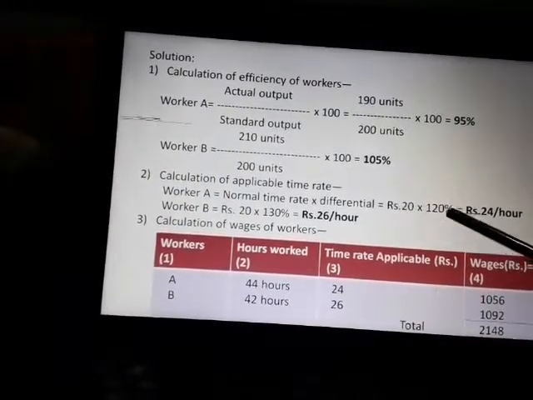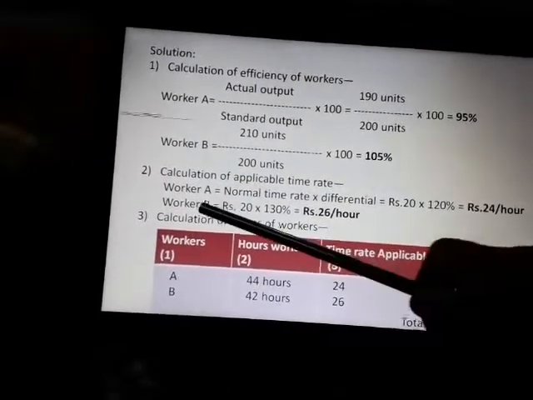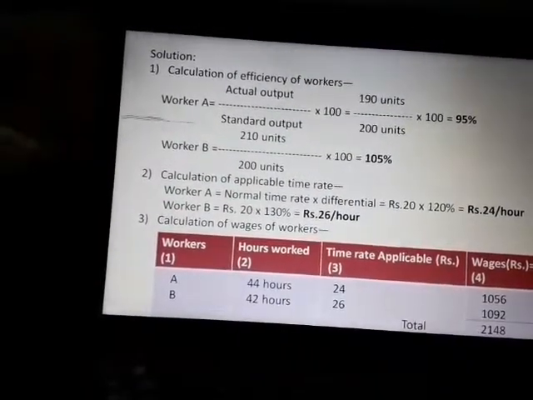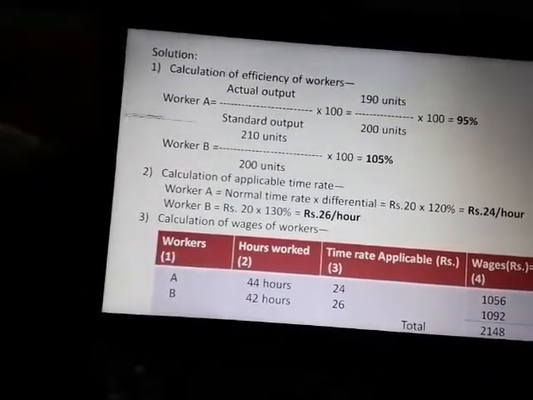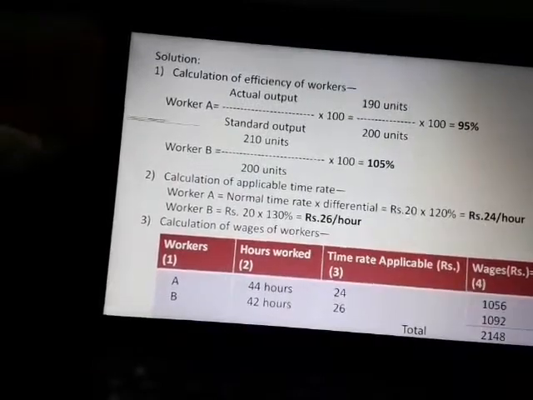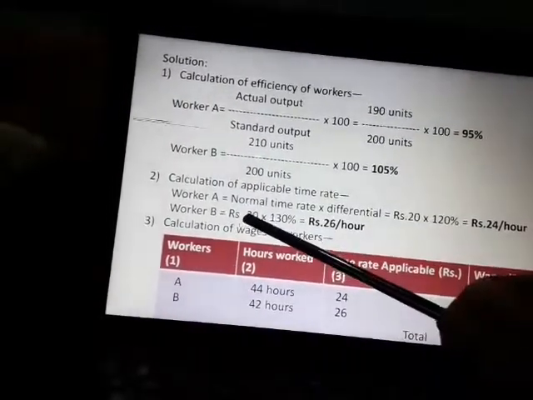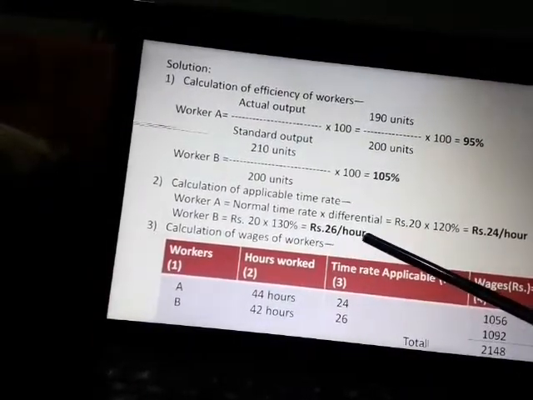So 20 into 120% is rupees 24 per hour. Worker B has an efficiency of more than 100%, so according to the given schedule, the worker will get 130% of normal time rate. Normal time rate 20, 130%, rupees 26 per hour.